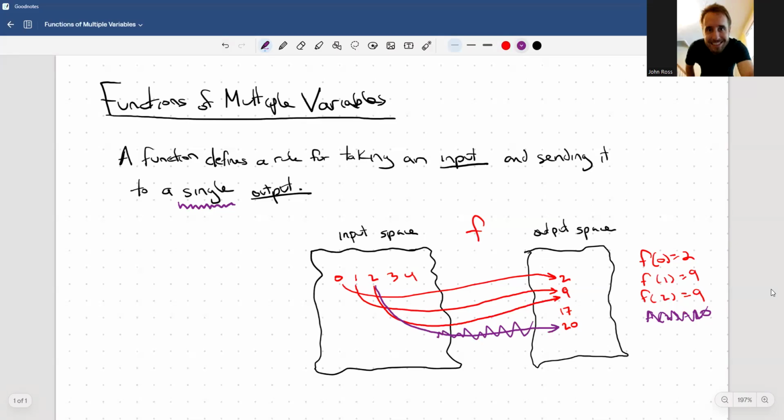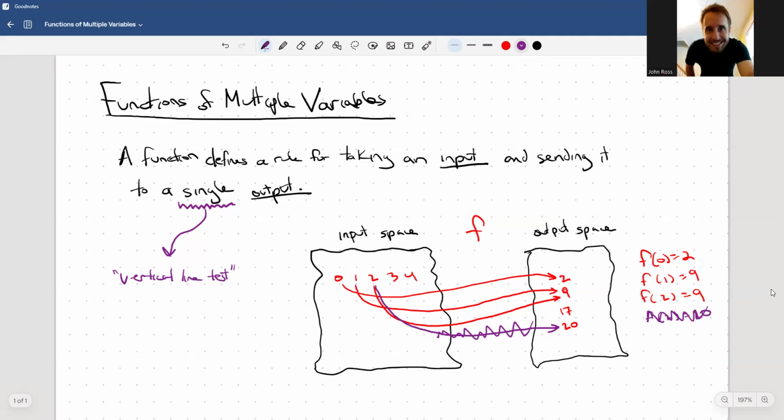There's another common name for this feature of a function. In so many words, this is exactly the vertical line test, which you are familiar with. The vertical line test says that if I draw a vertical line on a graph and it intersects my function more than once, that means that a single input at the location of that vertical line is being sent to two different outputs, and that is not allowed.